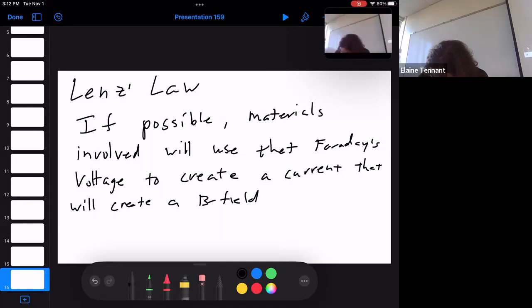And that magnetic field will try to stop the change.